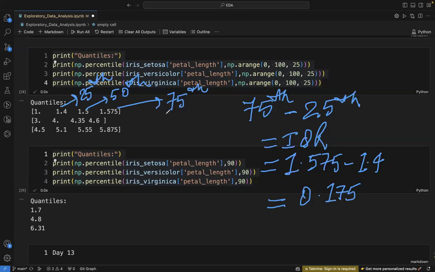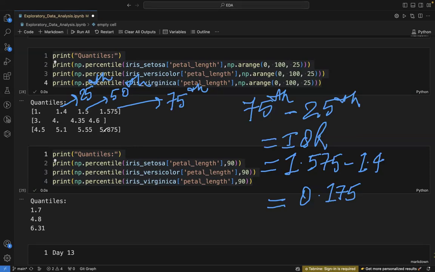In this range between the third quartile and the first quartile, 50% of points lie, because 25% of points are below the 25th percentile and 75% of values are below the 75th percentile value. We will see how to use the interquartile range.